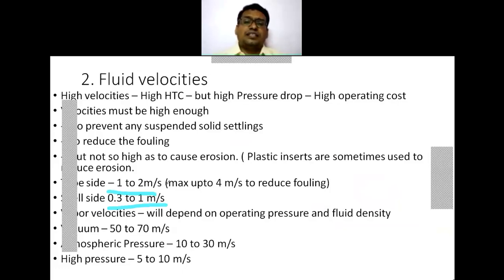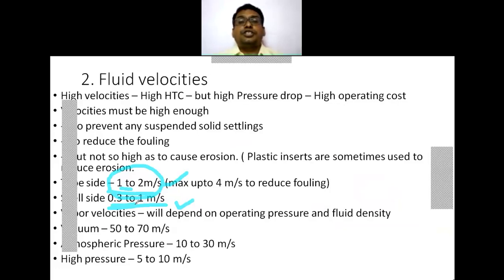This is a general design consideration, considering the pressure drop, energy losses, and the maintenance and operating cost. So the tube side I can manipulate with 1 to 2 meters per second, and for the shell side it becomes 0.3 to 1 meters per second.